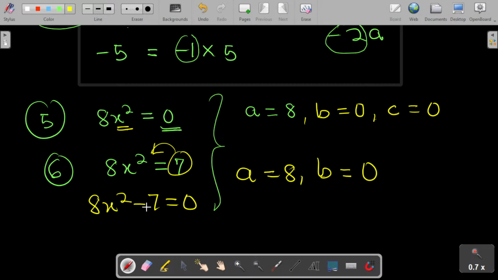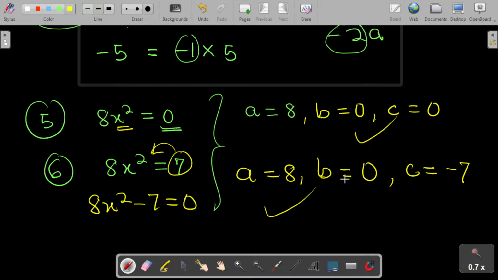Once you don't have x, your B is 0. And then your C is the one that is called a constant. It does not have any variable at all, and that is -7. That's correct for those of you that responded. If your response was not correct, please just make the correction now.